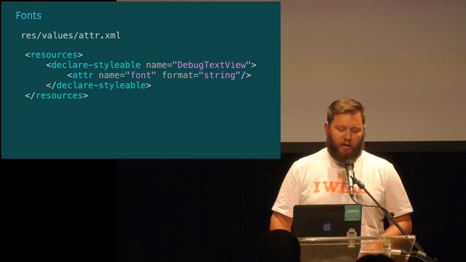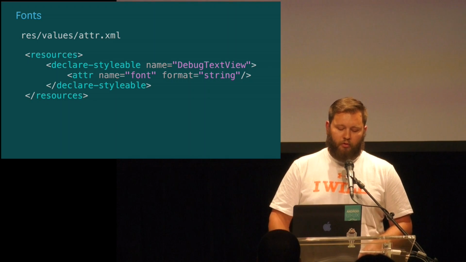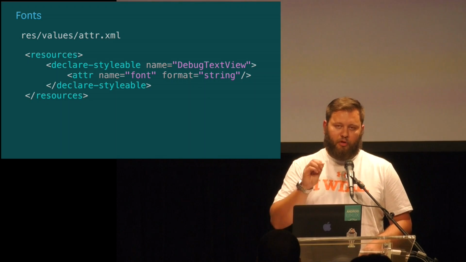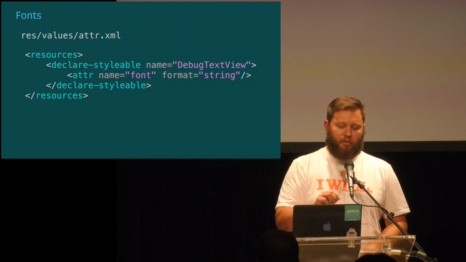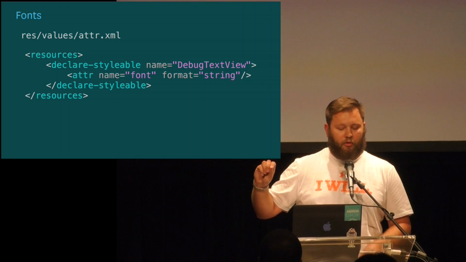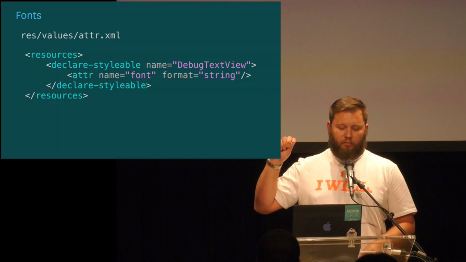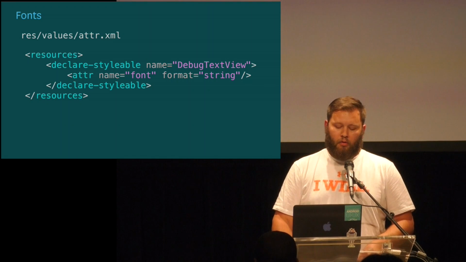So you're creating this stylable attribute that you want to be able to put on your XML, and you're naming it font. This will help you use this attribute in your XML, and then hopefully in your custom text view that we'll have later on, switch between the fonts you're going to be using for each different locale.